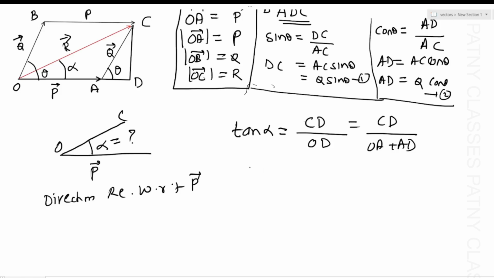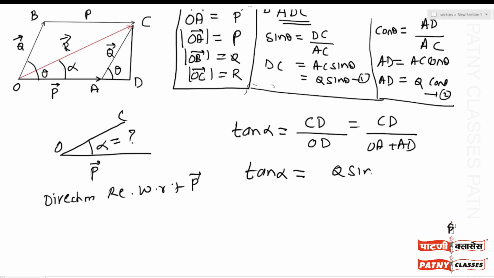Now from this I am going to put in the respective values. So tan alpha equals CD upon OD. What is CD equal to? CD equals Q sin theta, and OA is nothing but P, the magnitude of vector P, and AD from equation 2 equals Q cos theta. From this we get the alpha value.